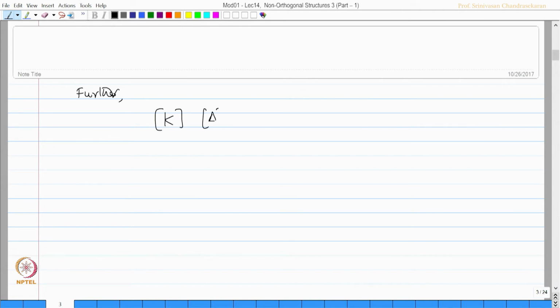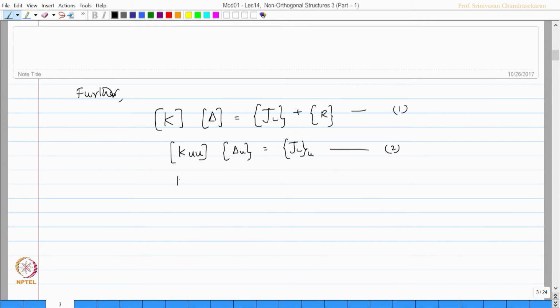K delta is joint load plus restraints, call this equation 1. K u delta u, that is unrestrained degrees, will again be valid with delta u, JLU and KRU with delta u is again minus JLR, which will give you the end moments and shear of the given member.